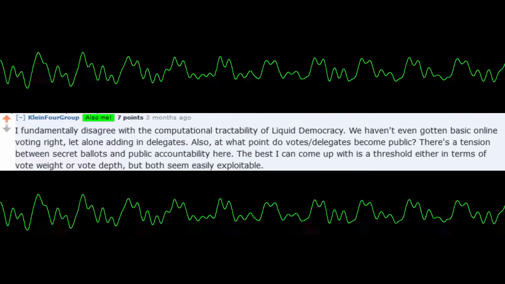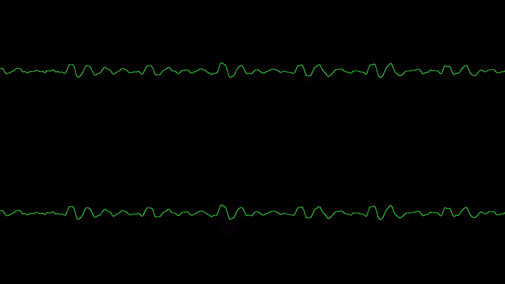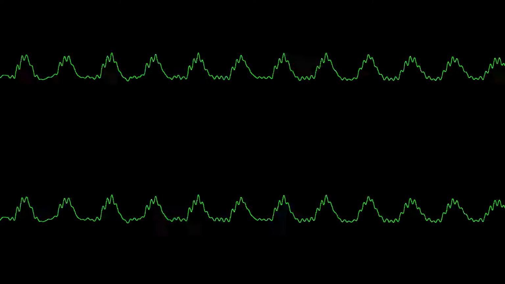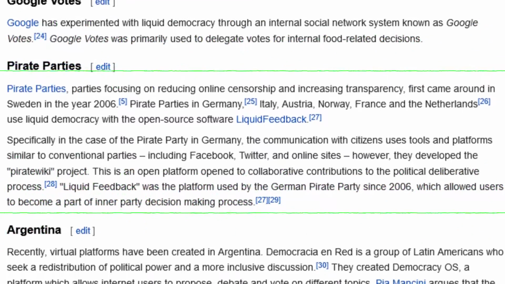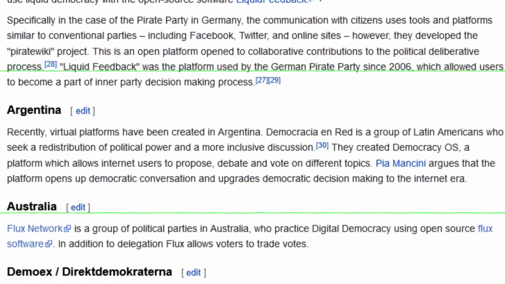them for regular elections. So then, if liquid democracy is such an intractable scheme, why am I talking about it? Well, because it's actually already in use.